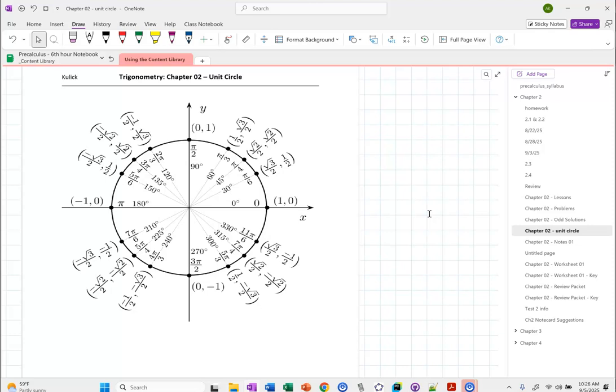Now look at this for a moment, and it looks exceptionally overwhelming, right? All this is an exact value calculator. Okay? If you try to do sine or cosine of 150 on your calculator, it cannot give you root 3 over 2. It's going to give you 0.866, right? I guess negative root 3 over 2.